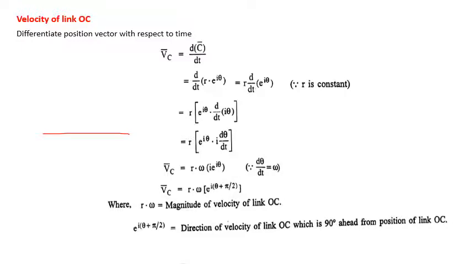This is the position of the link OC, theta. Then theta plus 90°, so exactly 90° from it the velocity is acting. So the total angle is theta plus 90° or pi by 2, and here the velocity is acting.